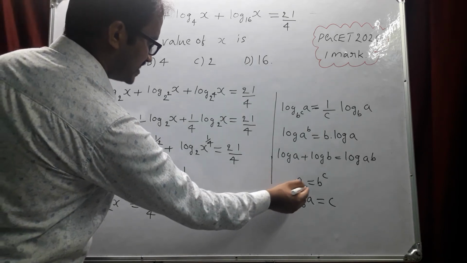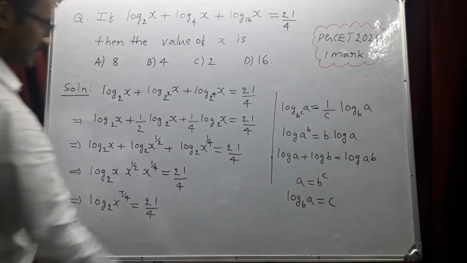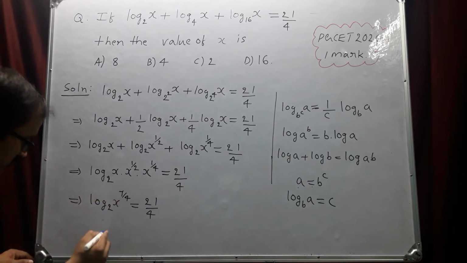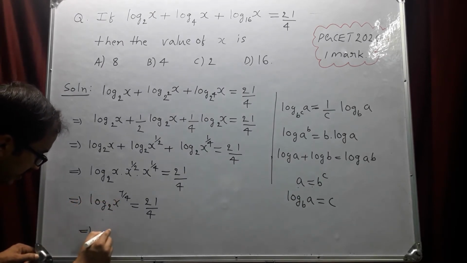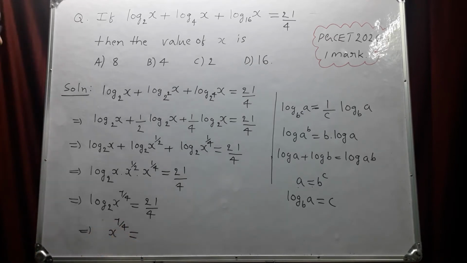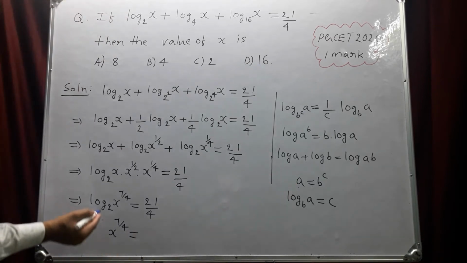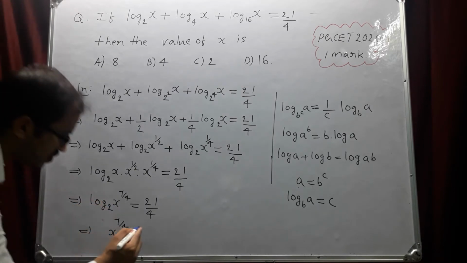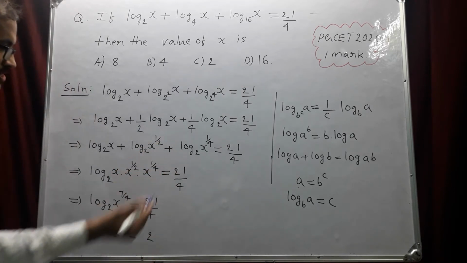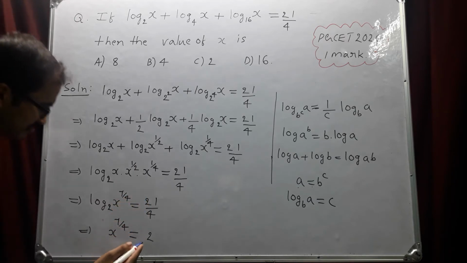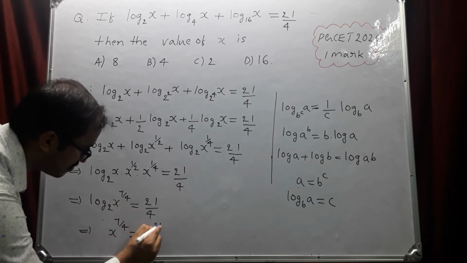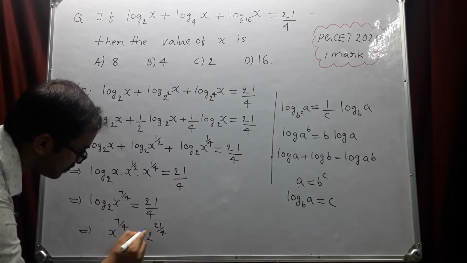We can write a is equals to b power c. So from this one, I can write x power 7 by 4, that is a is equals to b. Base is how much? 2. So 2 power c. C value is 21 by 4. So 2 power 21 by 4.